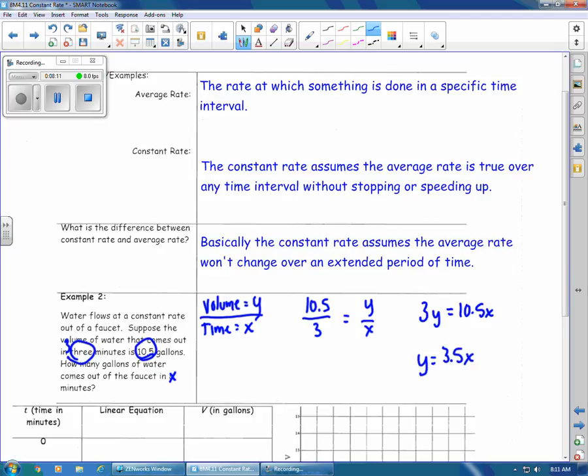Again, this is the rate at which the water is coming out of the faucet.